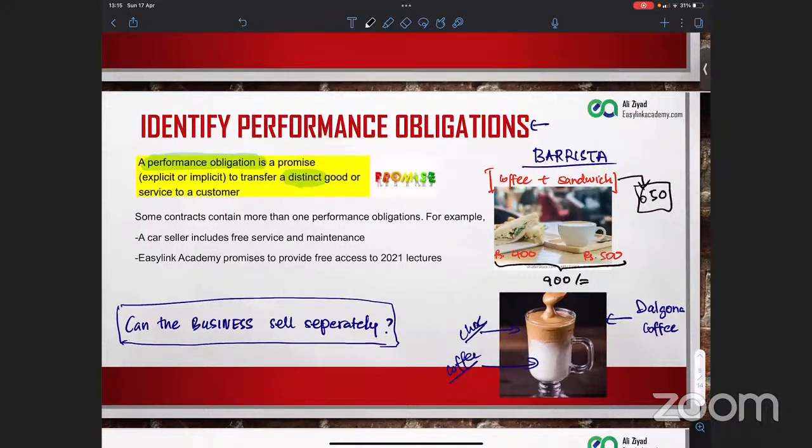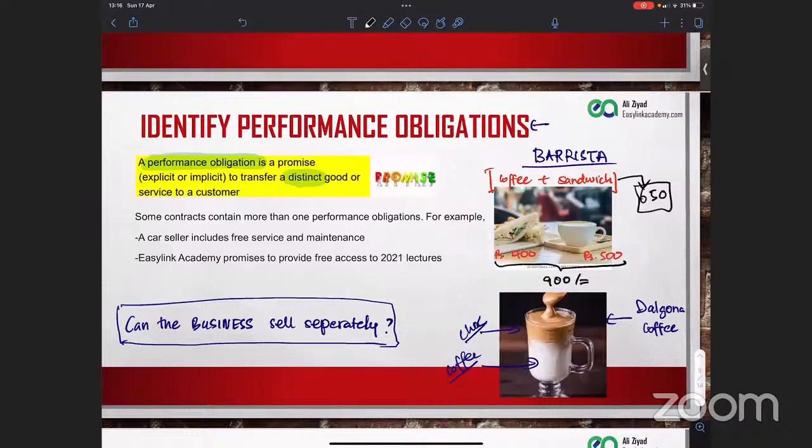Now my question is, are coffee and sandwich separate performance obligations? Yes, sir. How do you say yes? Because they could be sold separately. Exactly. If you go to Barista, you can buy coffee separately and you can buy sandwich separately as well.